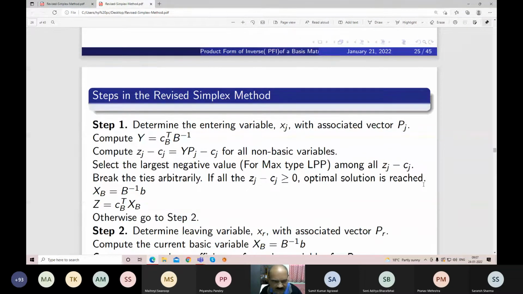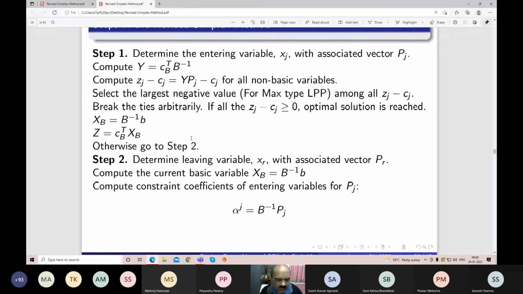Once the optimal solution is reached, we compute xb equal to capital B inverse into small b, z equal to CB transpose into xb. If there is no negative element, we complete and stop. Otherwise, if there is a negative element, we go to step 2. What is step 2?